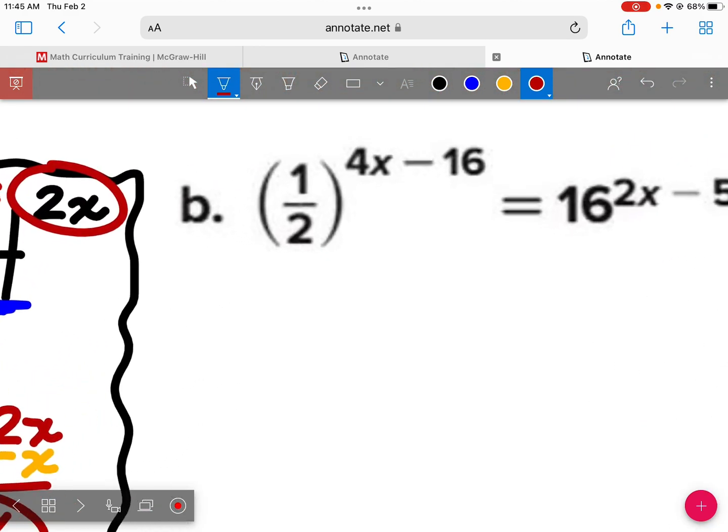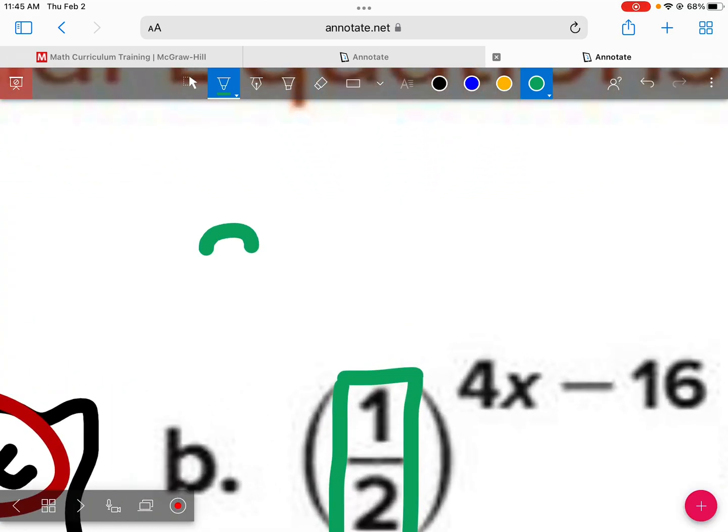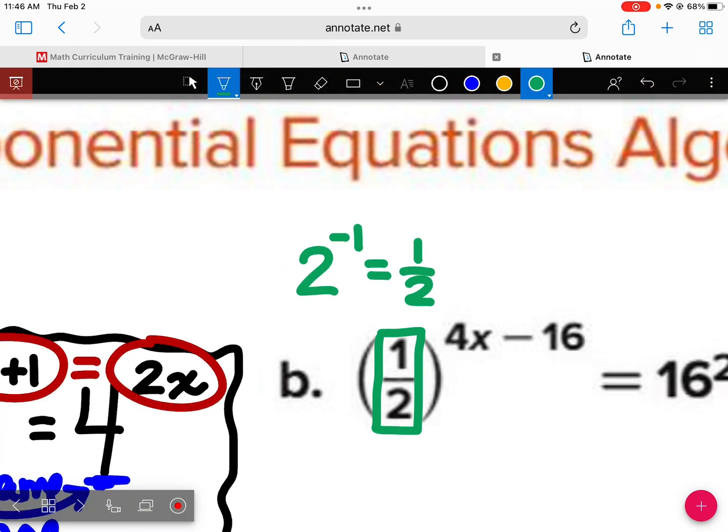Let's try that same idea over here with part B. How could I rewrite a base of 1/2? Dividing both sides by negative 3. You divide both sides by negative 3.